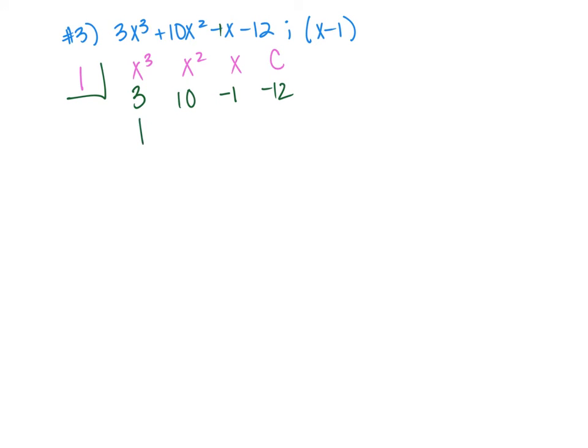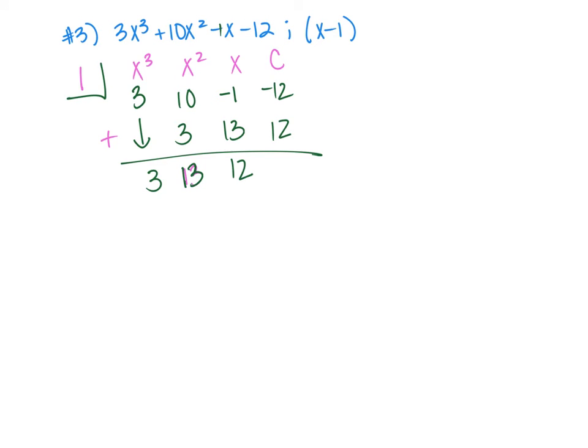I'm going to bring down the first number. So I have 3. 3 times 1 is 3. And then I'm going to add. And 10 plus 3 gives me 13. 13 times 1 gives me 13. If I add these two, I get 12. 12 times negative 1 gives me, well, positive 12.